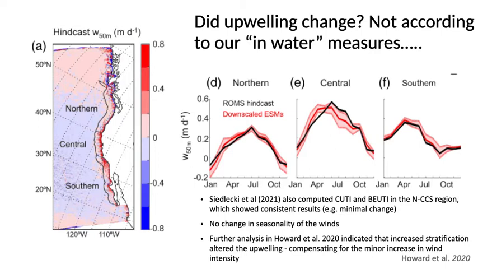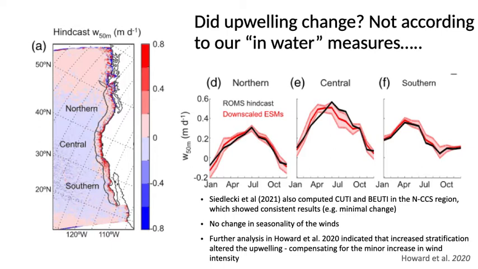So let's dig into that in this figure. What I'm showing here is first a map showing you the northern, central, and southern regions, and this is just the historical average of the velocities at 50 meters. On the right is a time series showing the seasonal evolution in the northern, central, and southern regions of both the historical hindcast of that 12-kilometer ROMS in black, as well as the envelope of the downscaled Earth system model-driven projections in red.